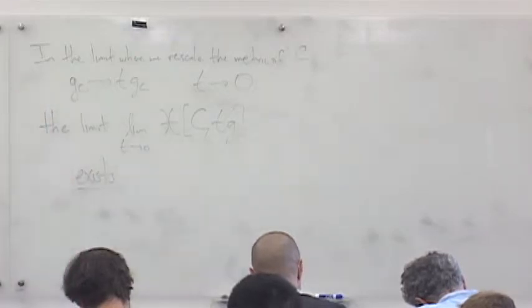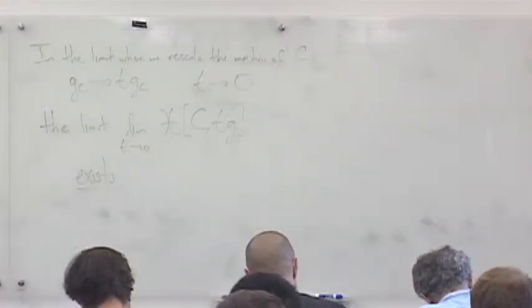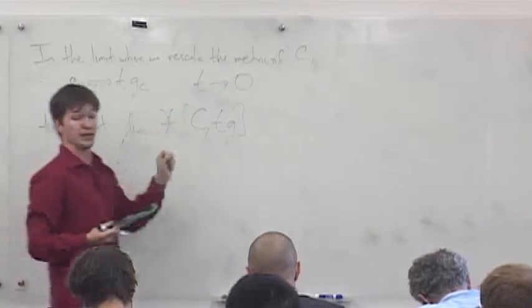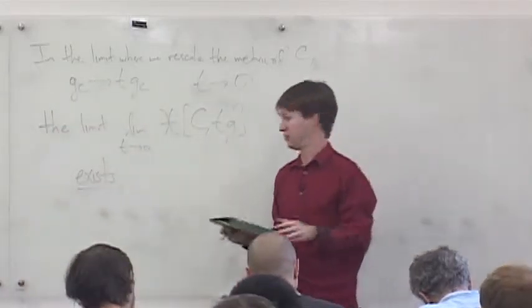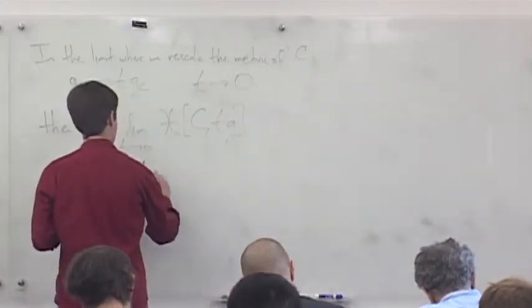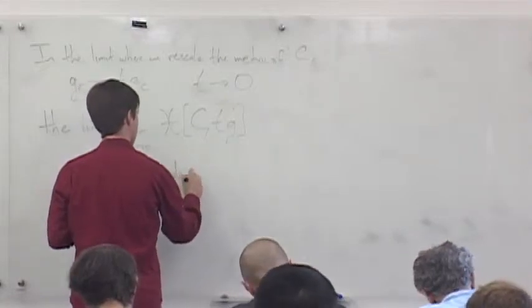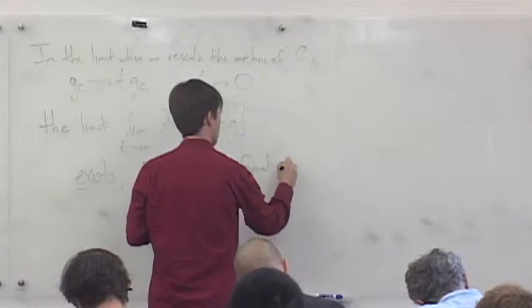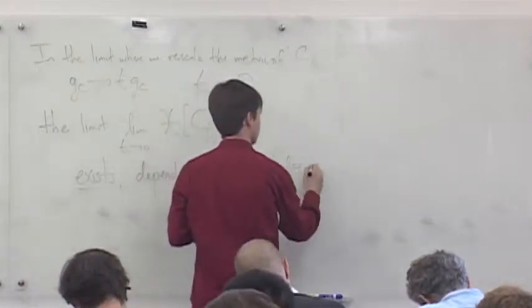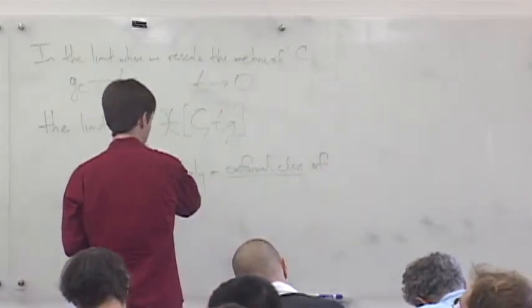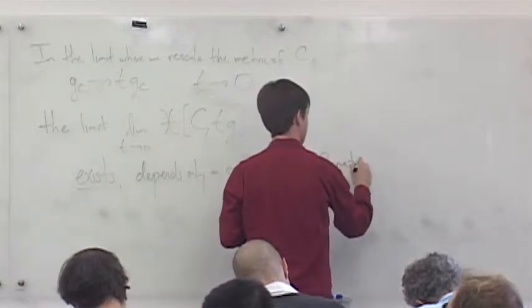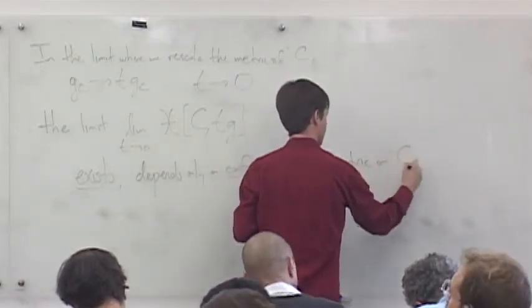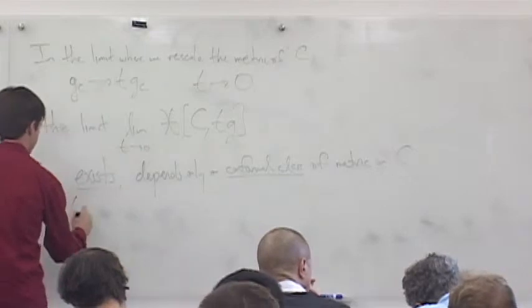And moreover, in that limit, it forgets a lot of the structure. It doesn't know about the whole metric. It only knows about the conformal class of the metric. In other words, it only depends on C as a Riemann surface.